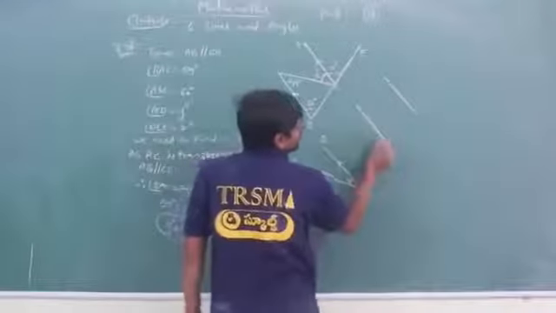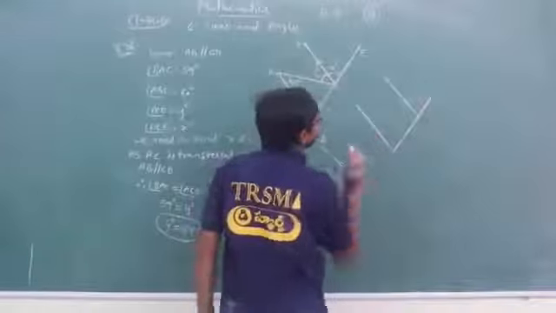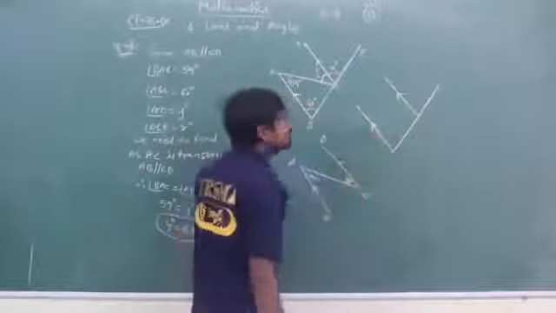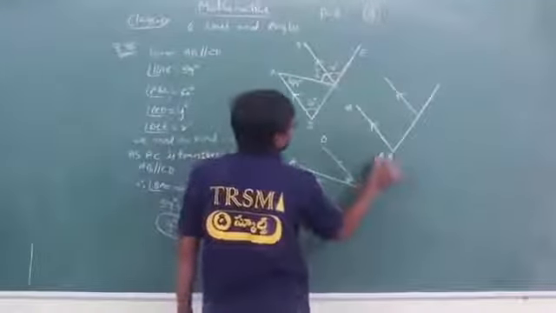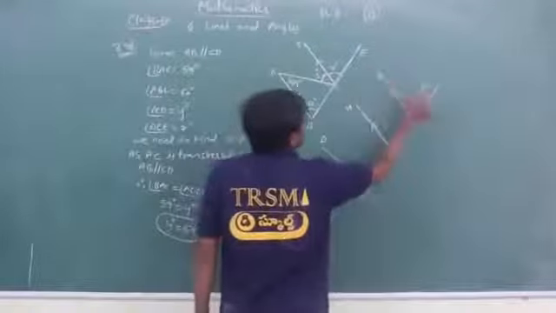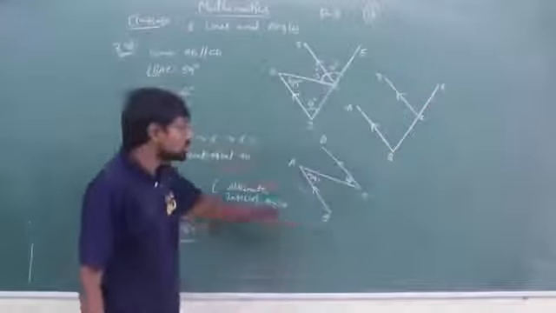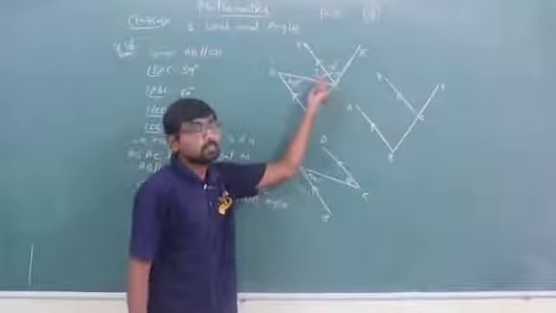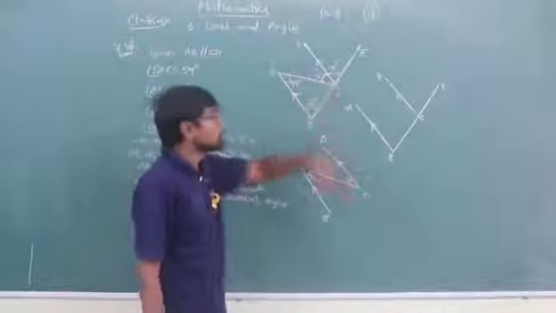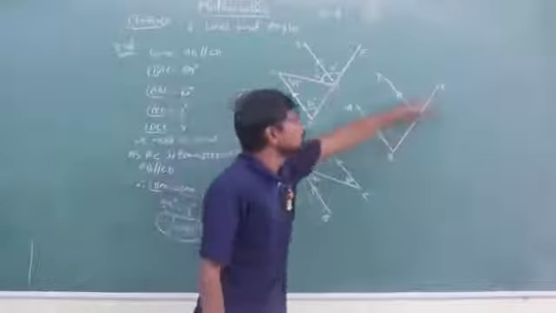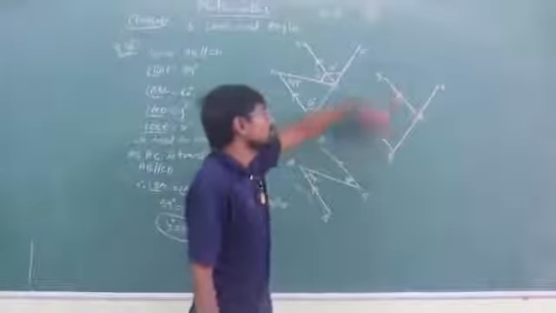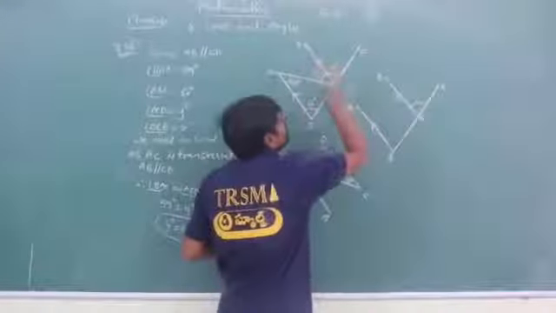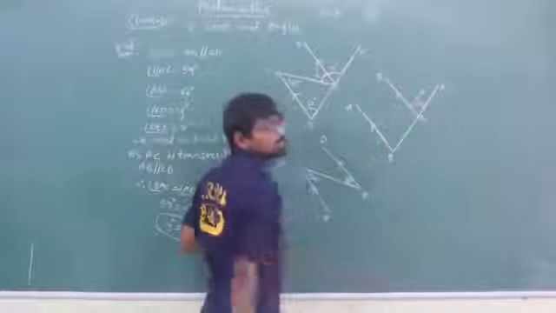As these both are parallel lines, this is A, B, C, D and E. In the first case we have taken AC as transversal because y depends upon it. Now in the second case we are taking BE as a transversal, because this x value is in between DCE.